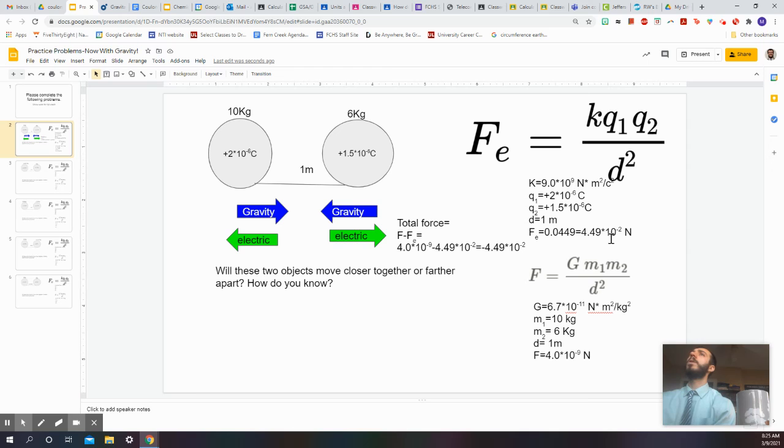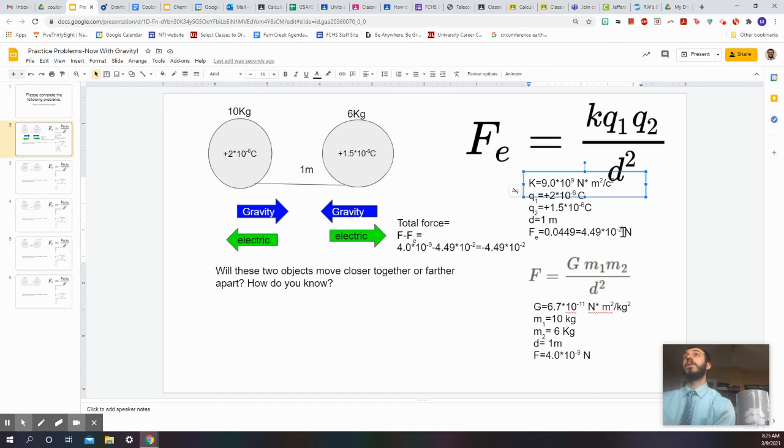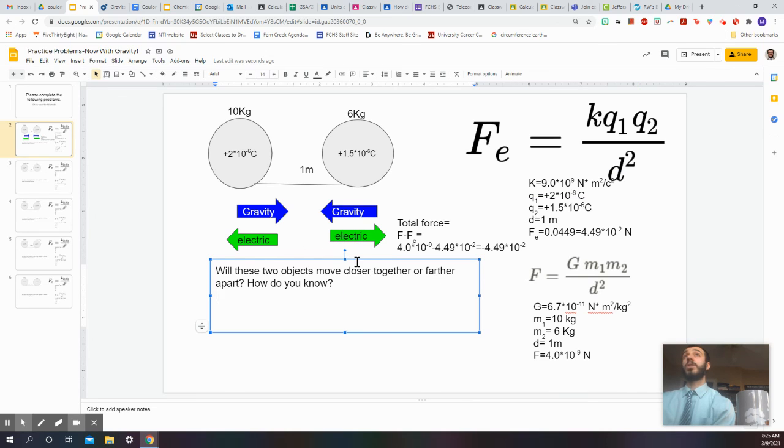Well, we know that electric is moving out and gravity is moving towards one another. Which one's stronger? Well, we know this one's stronger, right? It's got a less negative exponent. So electric is much stronger. We have a much stronger electric force than gravity, so much that gravity almost doesn't affect the situation at all.